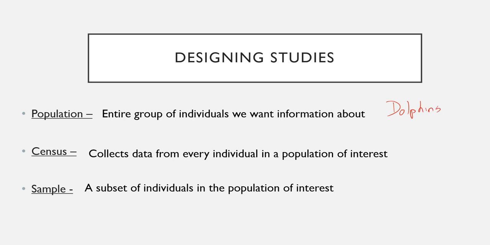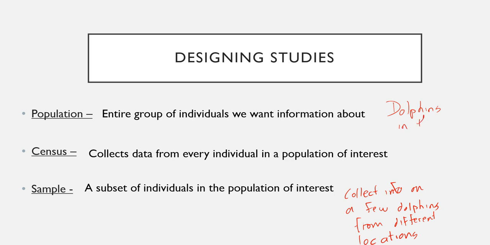So what we would do is, okay, let's see if we can collect information on a few dolphins from different locations, just so we get a different look at what's happening and get a good, hopefully representative sample, where we're seeing dolphins from different areas of the ocean, maybe even different oceans, so we can really make a claim about dolphins as a whole in the world.